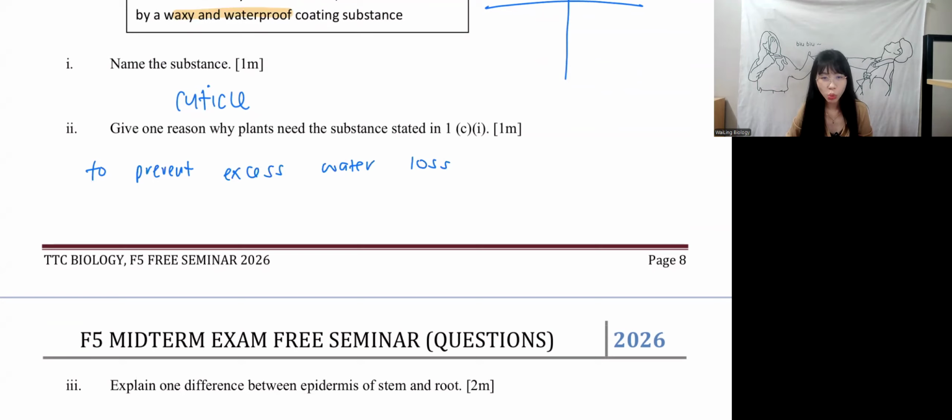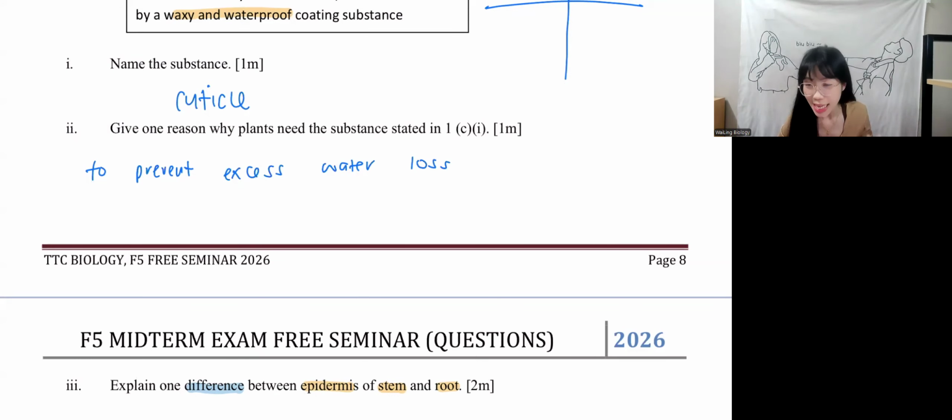Explain one difference between epidermis of the root and stem. Okay, what is the difference? The differences you can see from a diagram. There are two differences. The epidermis of the stem has a cuticle, correct?